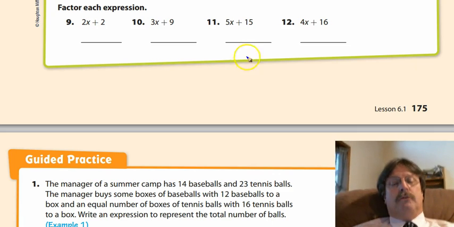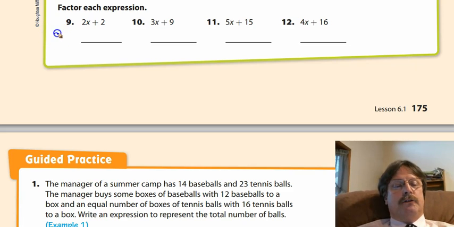Let me go ahead and do 1 or 2 down here, and we can kind of look at this. So when you look at 2x plus 2, what number goes into that? Well, it's evident that 2 goes into it. So I'm going to take 2, because you're going to divide by 2. So I'm left with 1x, and then if I divide this by 2, that's going to be 1.